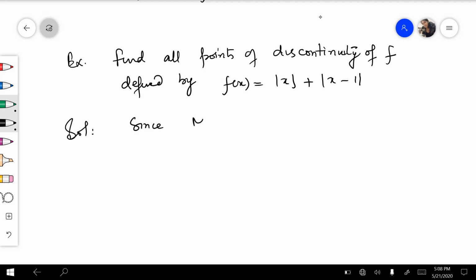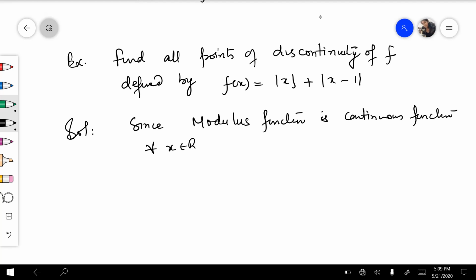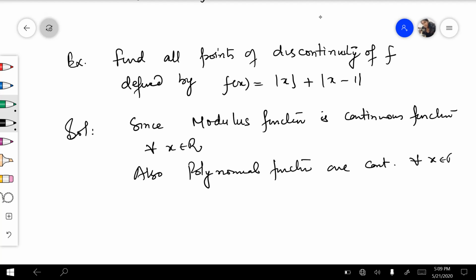Since modulus function is continuous for every x belongs to R. Also, polynomial functions or algebraic functions are continuous for every x belongs to R.